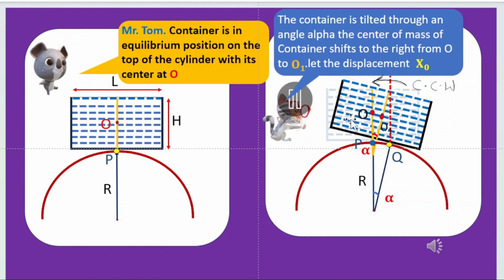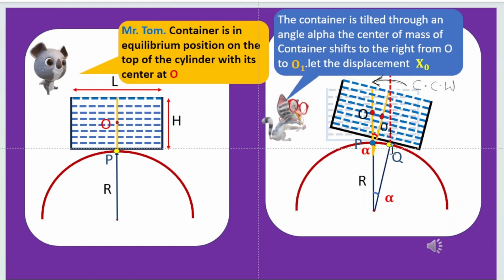Here the question is, does the container come back if tilted slightly? For this, you tilt this container through an angle alpha which is very small. Then the contact point shifts from P to Q towards the right. Therefore, the center of mass of the water also shifts towards the right.